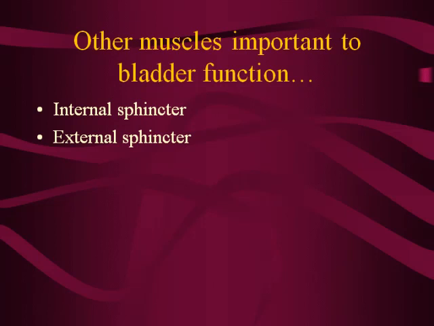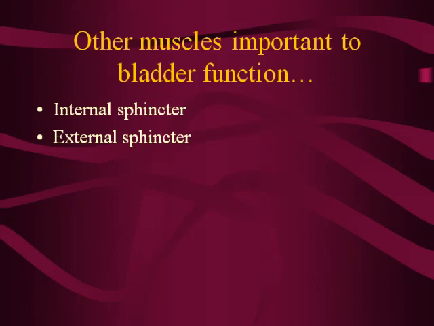Other important muscles of the bladder are the internal and the external sphincter. There's a good diagram on page 576 if you want to look at that. It'll make a little bit more sense. The internal sphincter is basically a continuation of the detrusor muscle. And remember, we said when the detrusor muscle contracts, urine passes.